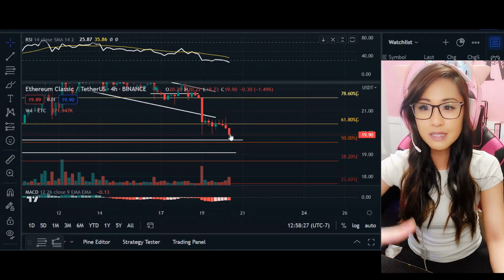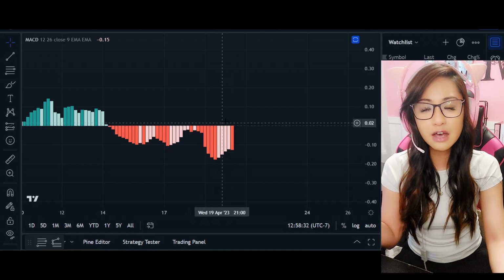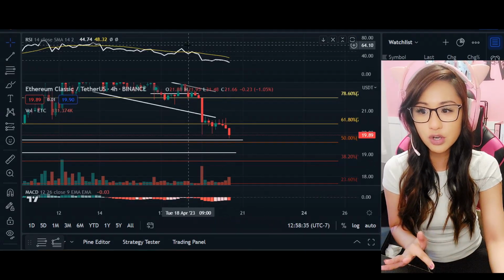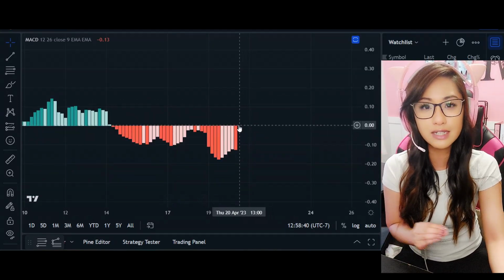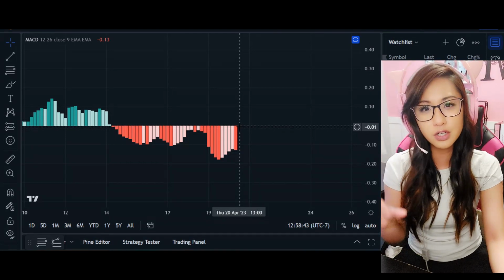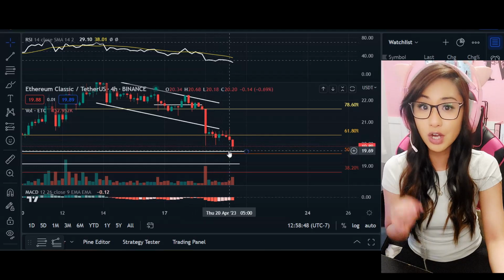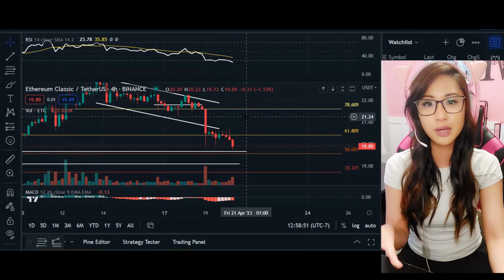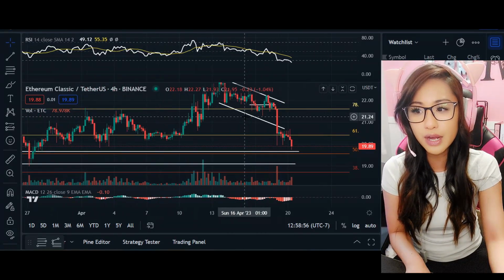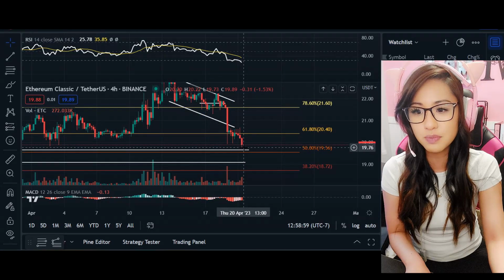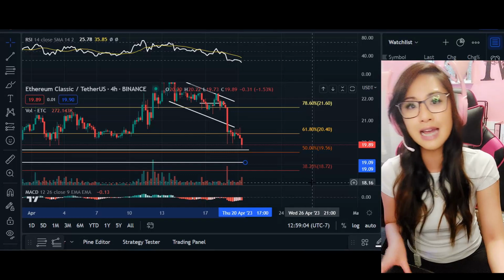But at the same time, when we see the MACD indicator show us weakness of the red color, if it does show us that red color, we're going to have a correction on the upside. If the red color does change over to green and we're above that 0% when that buy signal does happen, then the reversal may occur where we're seeing the price for Ethereum Classic come and close above that area of resistance. So I'm not even going to go through areas of resistance because for Ethereum Classic, I do believe that we are going to be retesting the 1966 or even in the danger zone here at the 1909.